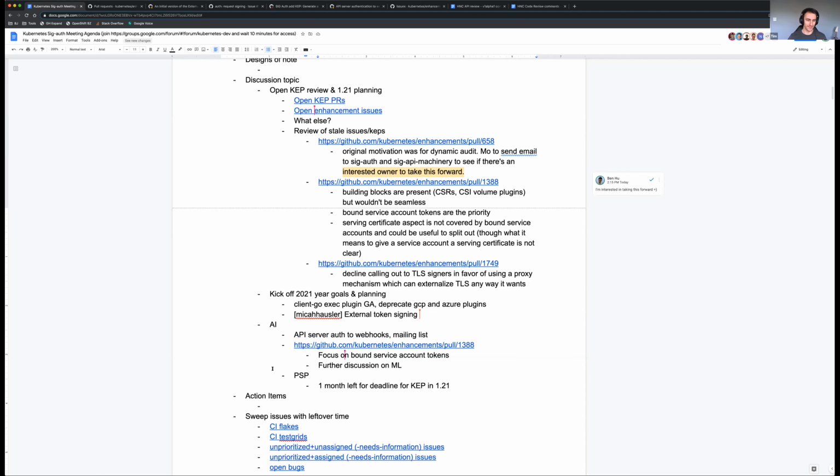I will say that the drumbeat of trying to meet a deadline is very helpful for spurring action. And so if we relaxed and said, oh, we've got 4 months to get this design put together. Which is why I led with the ideal would be to actually get a KEP in before the enhancement deadline for 1.21. And so the current thinking is we will try to do that, but realistically acknowledging that there's a decent likelihood of failure there.